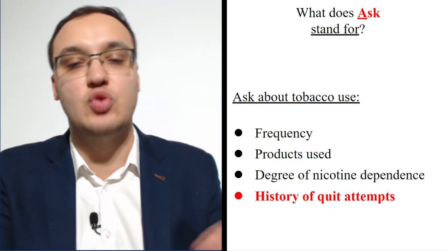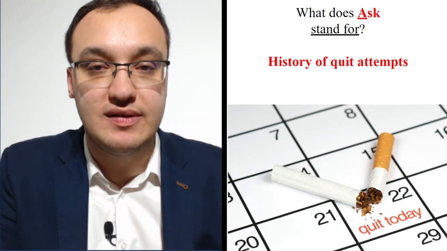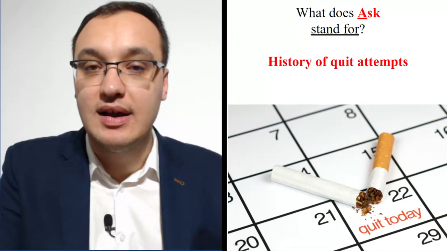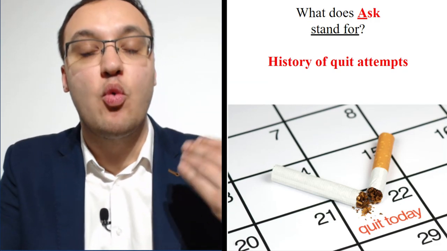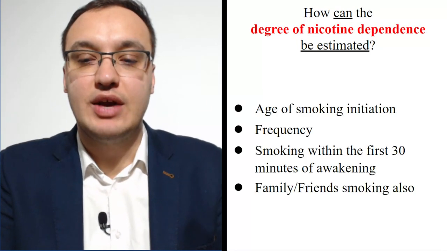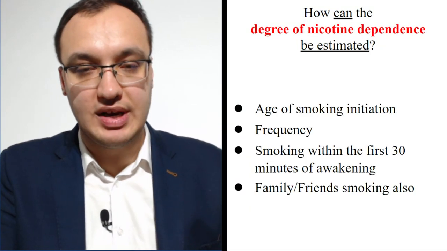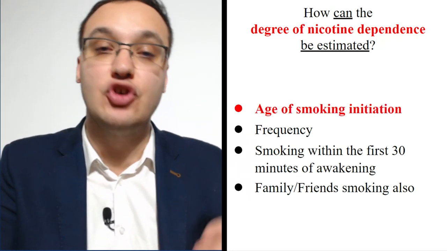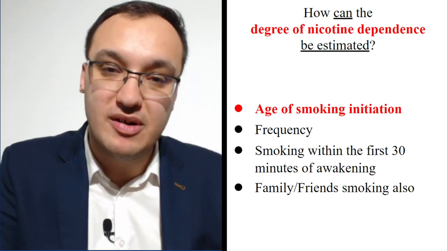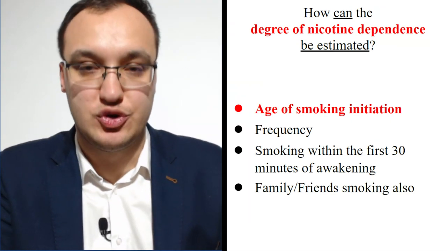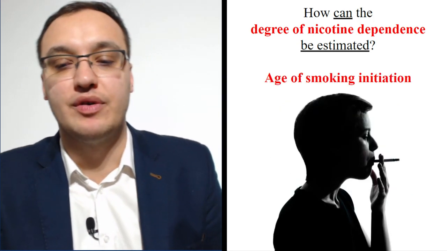History of quit attempts. You ask, did you try to quit previously or not? If he did that, then it's a very good sign because the willingness is there. Okay. So the degree of nicotine dependency, you can assess this by asking the age of smoking initiation. If it's earlier, then it's actually much harder to stop.